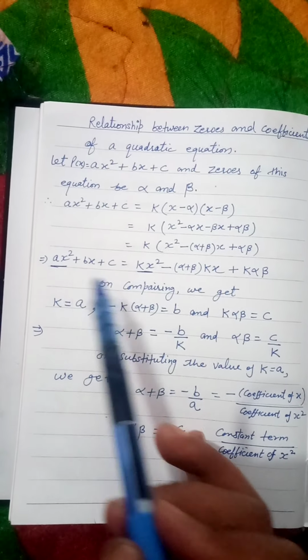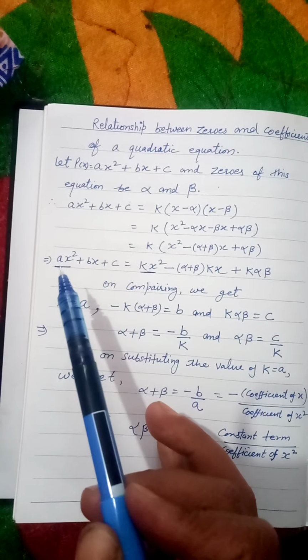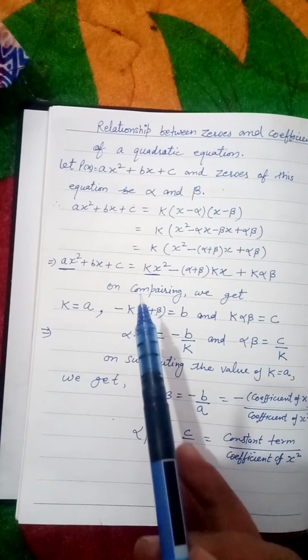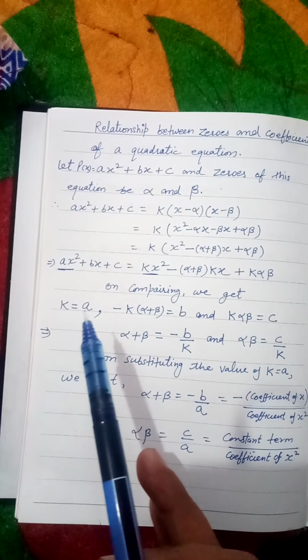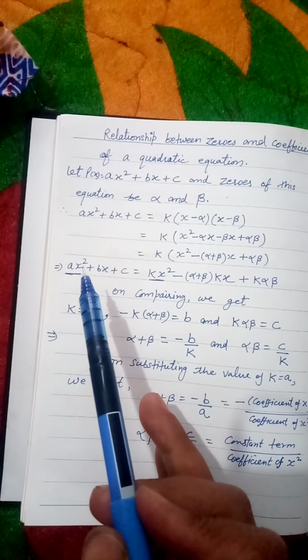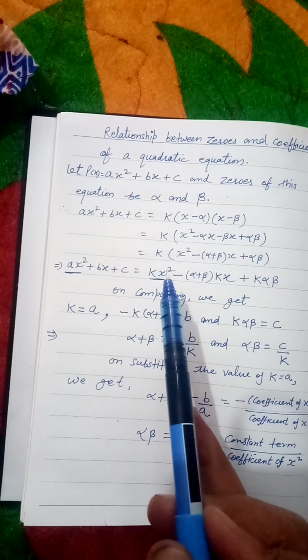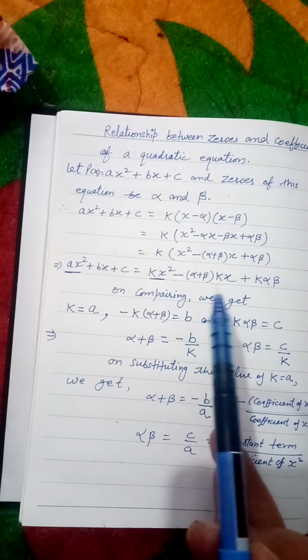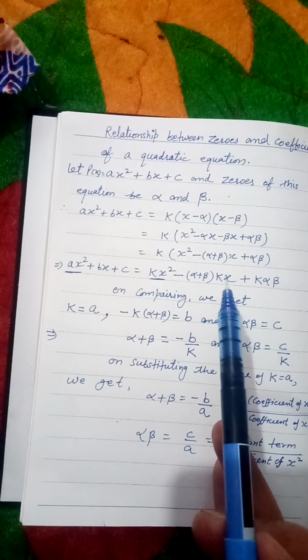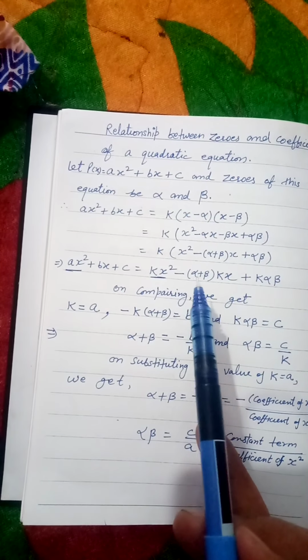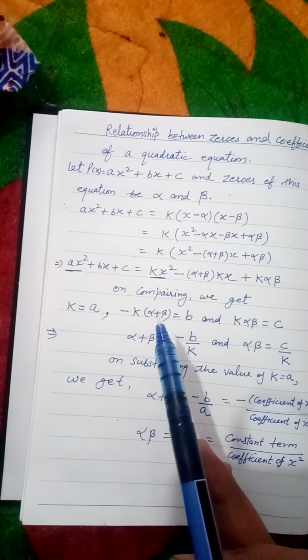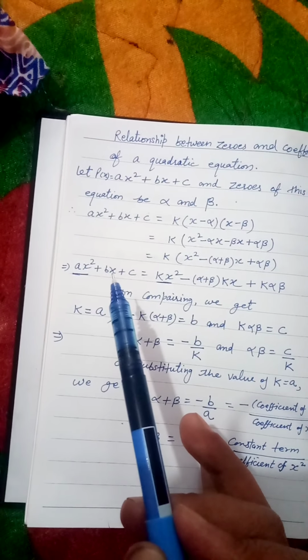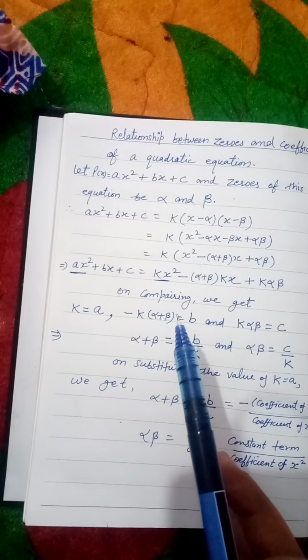Now if you compare this equation with the general equation, we will get k equal to a, since the coefficient of x square is k here and a in the general equation. We are just comparing. The coefficient of x here is minus k times (alpha plus beta), and in the general equation it is b.